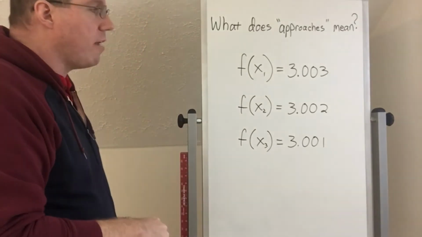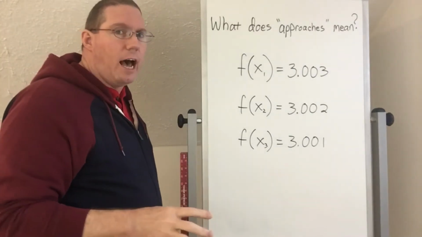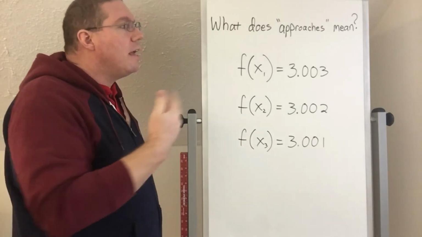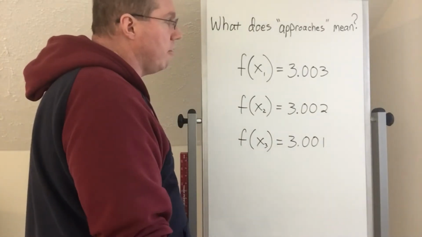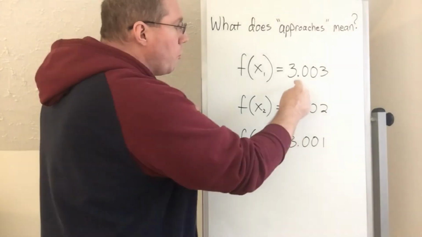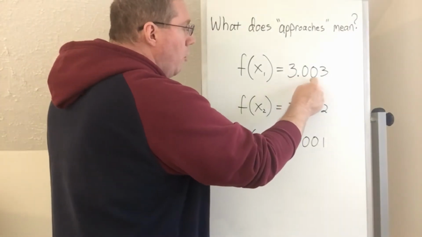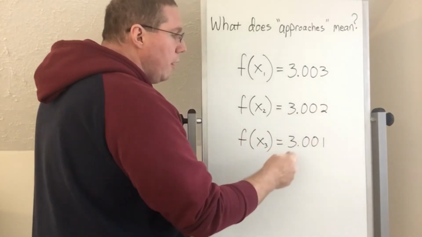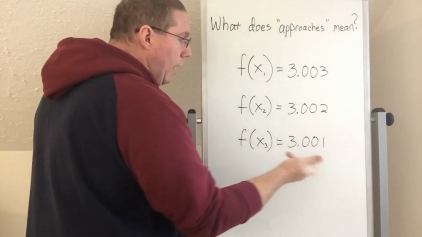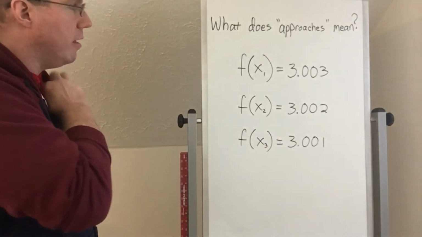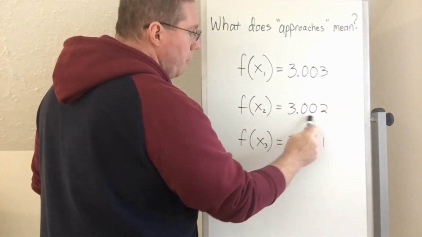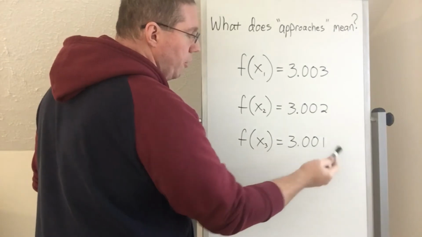And in the last example, I don't want you to think that every time your increments are going to get smaller and smaller and smaller every time. In this one, I made a constant increment. First, we're at 3.003, then 3.002, then 3.001. Now, our numbers are obviously getting smaller here, right? So 3.003 is larger than 3.002, and that's larger than 3.001.